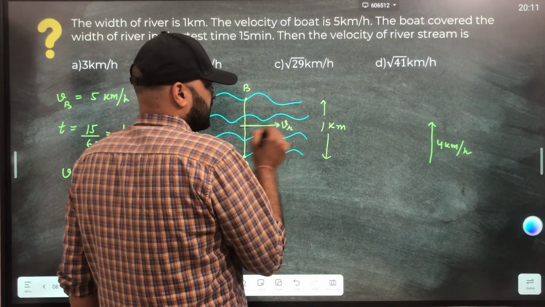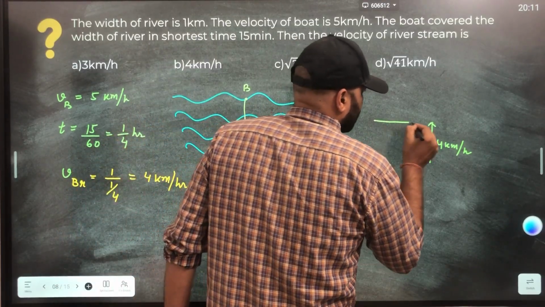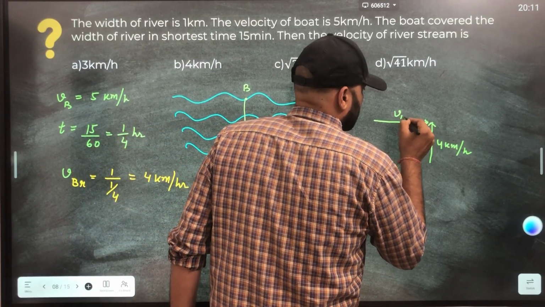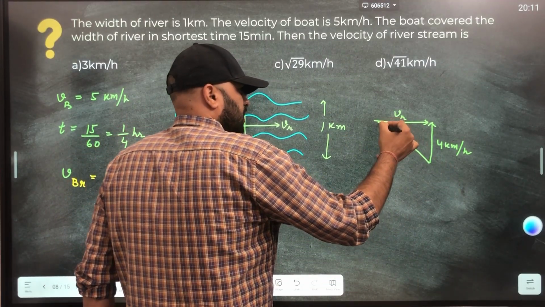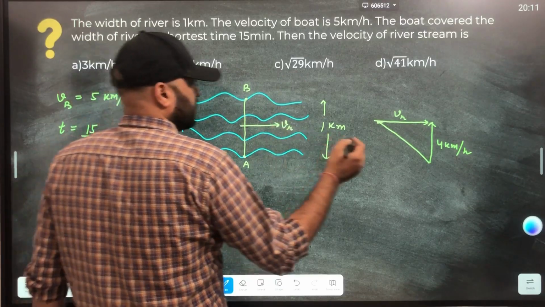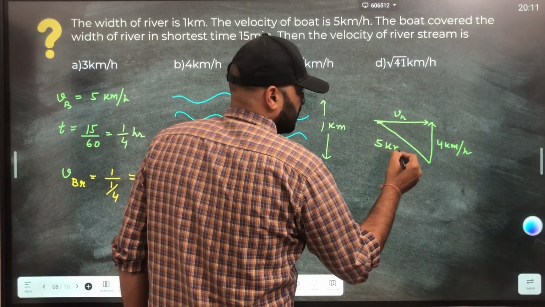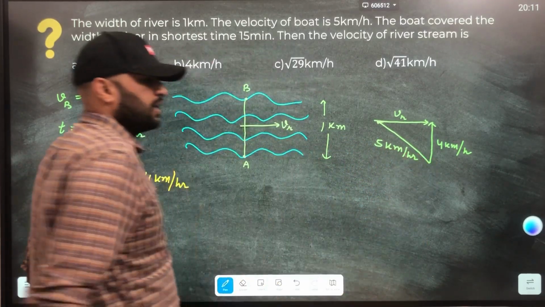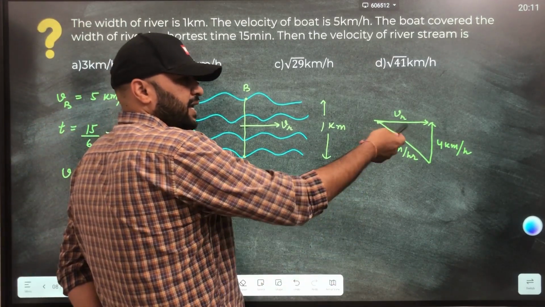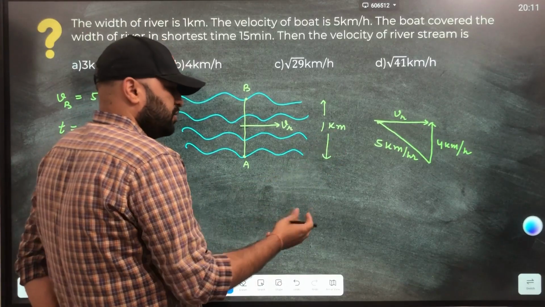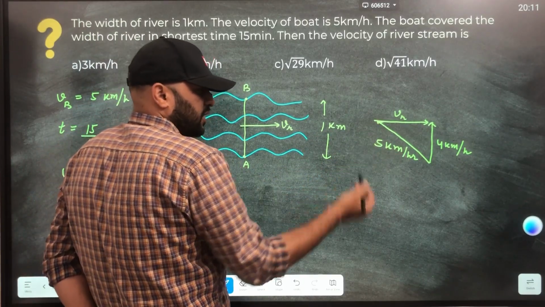And this velocity is the velocity of river, VR. And this is our velocity of boat, which is 5 kilometer per hour. We can use i cap, j cap also, or we can directly use velocity. This is the resultant velocity here.